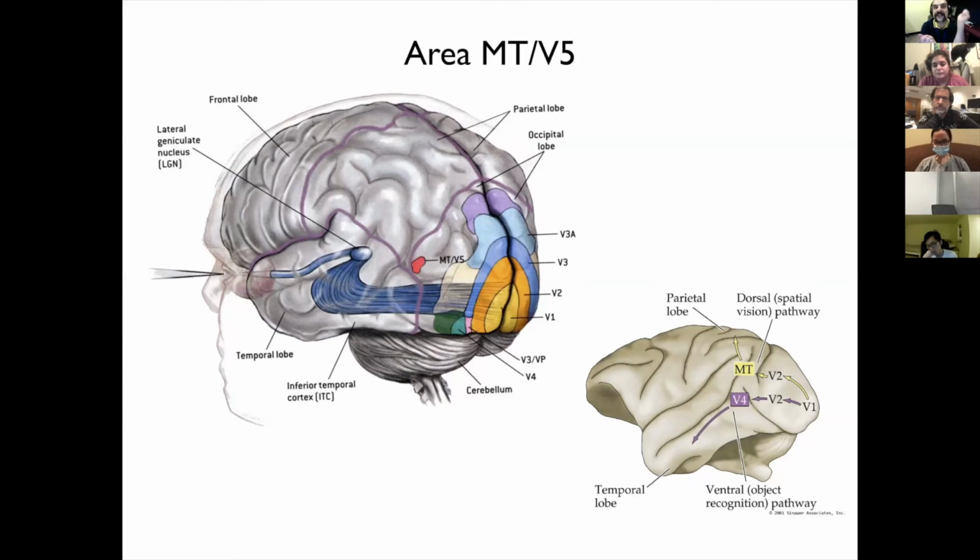However, there are many other similarities between the two regions that are the basis of the homology. There is the histology similarity, common input similarity, common function, and also the lesions lead to the same sort of behavioral deficits in both cases.